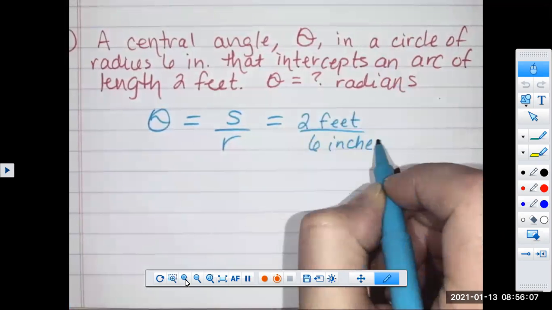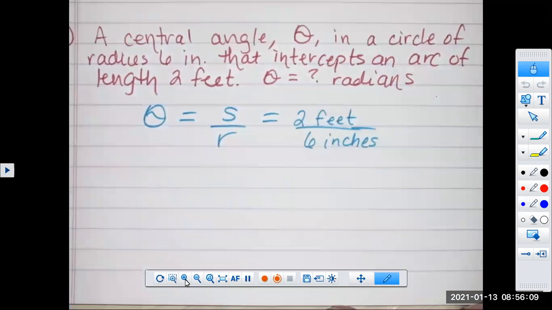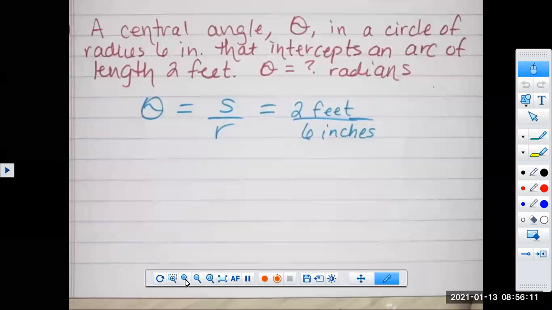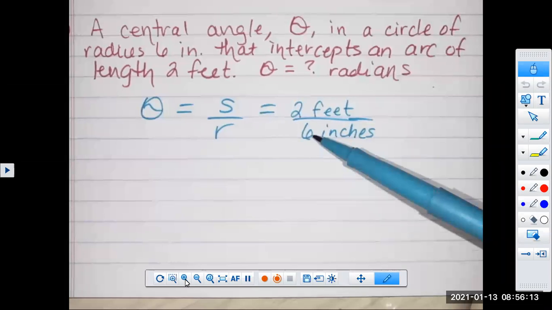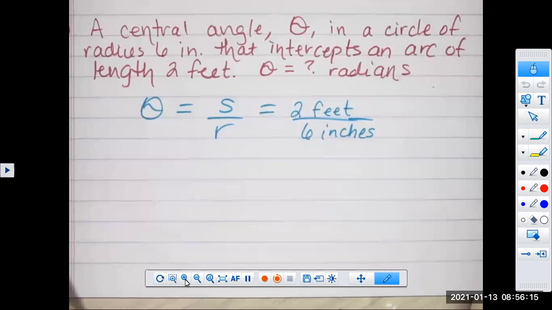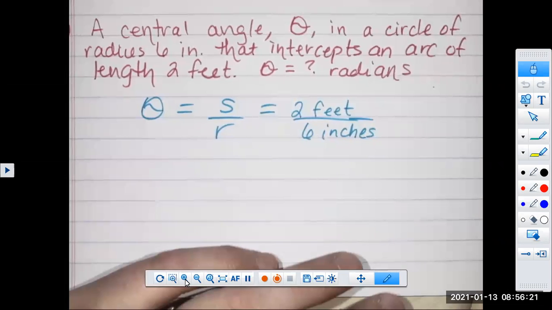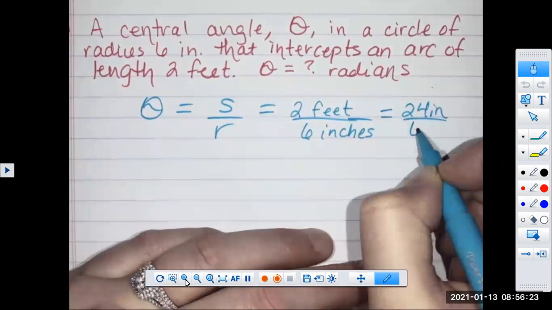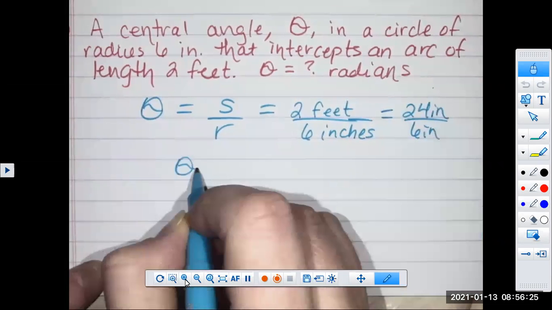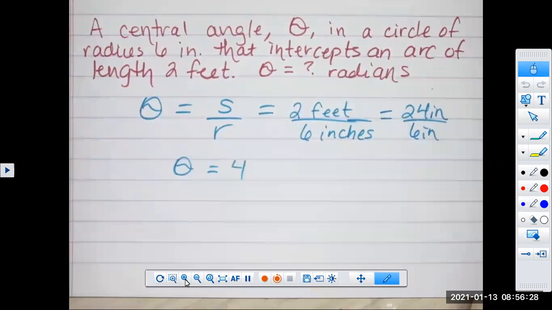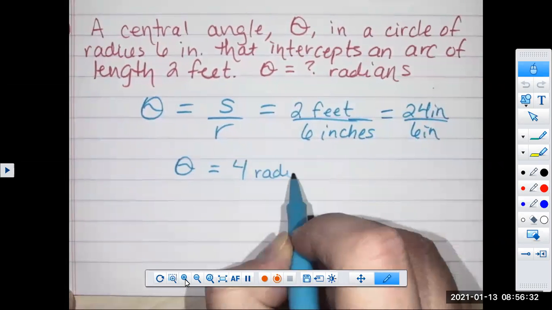What's wrong with that? It's not in the same unit. So it doesn't matter if you want to convert 6 over to feet, get half, you can, or if you want to convert feet over to inches. Which one do y'all want to do? 24. There you go, 24 over 6. So theta in radian measure is 4. So you can either write theta equals 4, or you can write 4 radians if you want to.